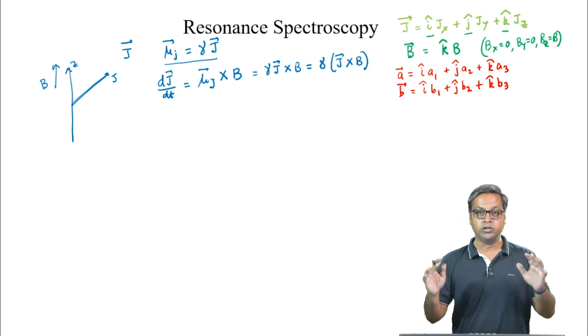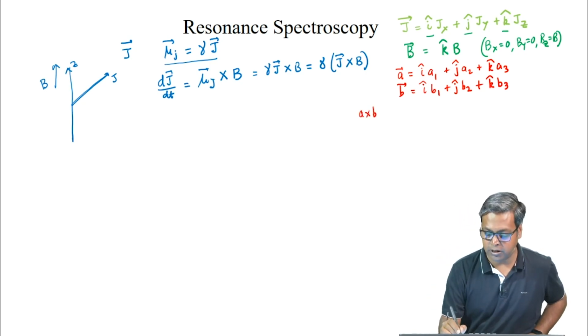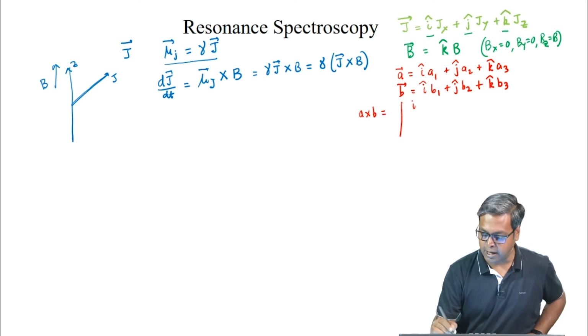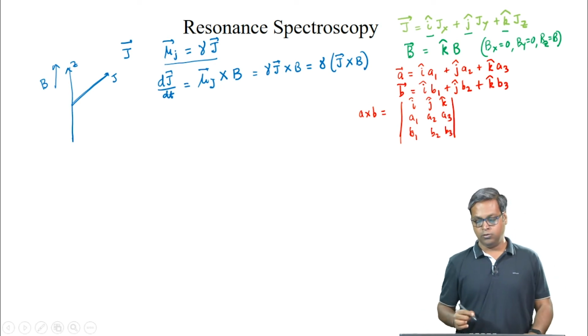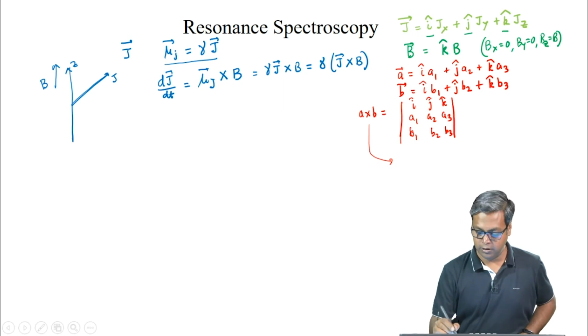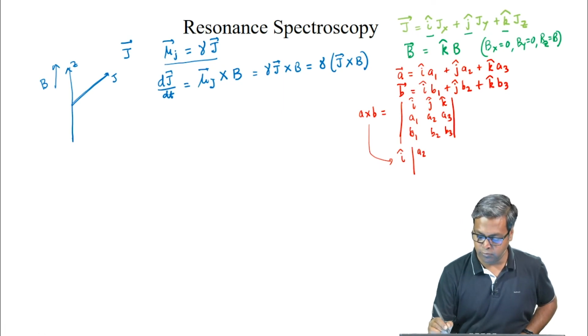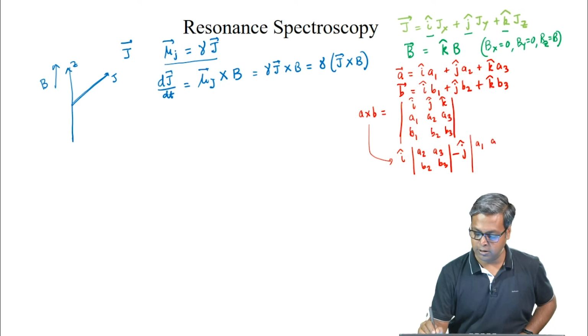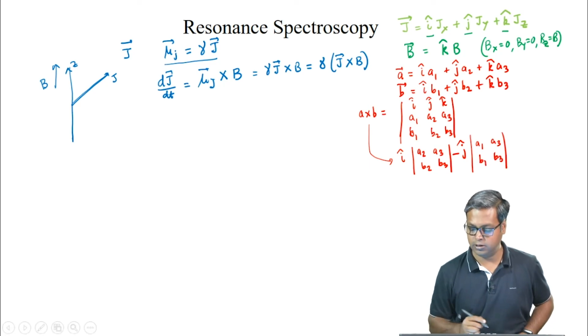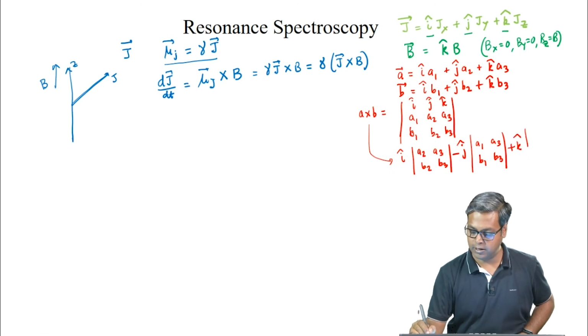To compute A cross B, we write the determinant with rows i j k, then A_1 A_2 A_3, then B_1 B_2 B_3. So, A cross B is i times (A_2 B_3 minus A_3 B_2) minus j times (A_1 B_3 minus A_3 B_1) plus k times (A_1 B_2 minus A_2 B_1).